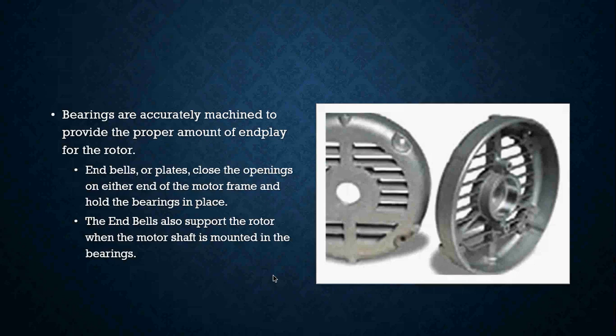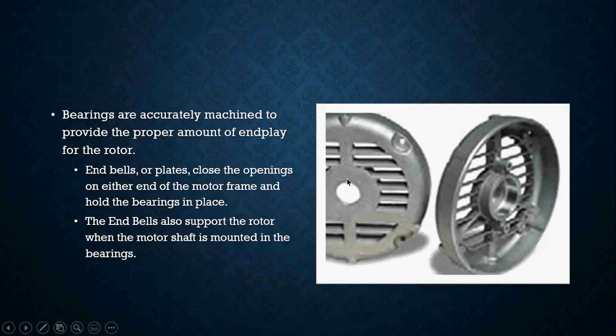Your end bells or end plates close the openings on either end of the motor frame and actually hold the bearings in place. The end bell also supports the rotor when the motor shaft is mounted inside the bearings. So the bearings will actually sit right inside this little housing on this side and on this one.